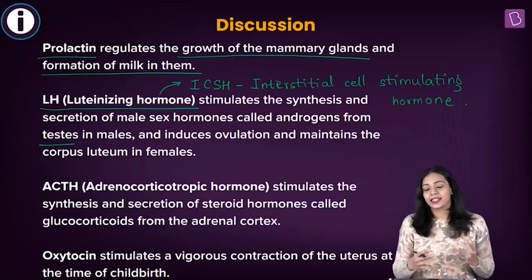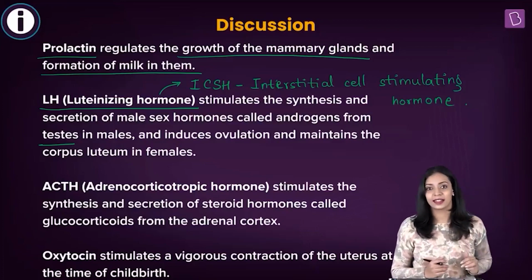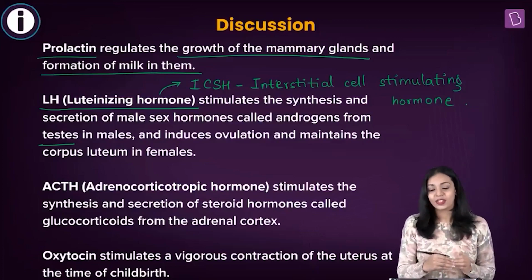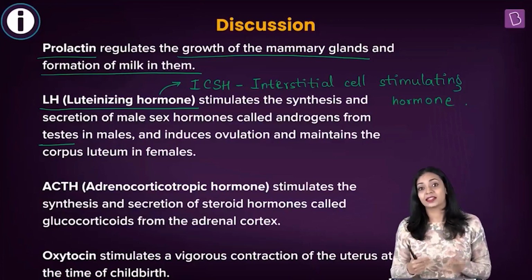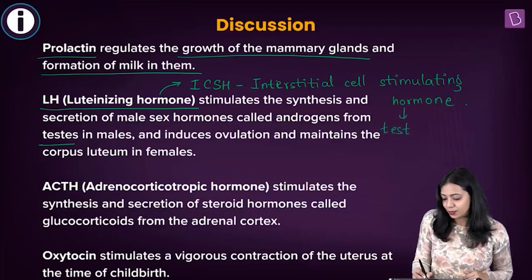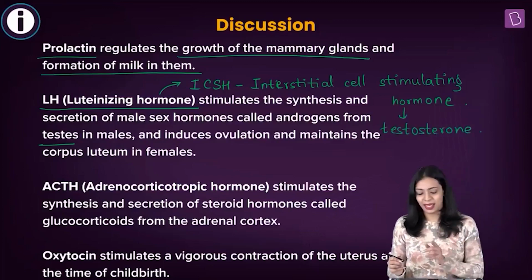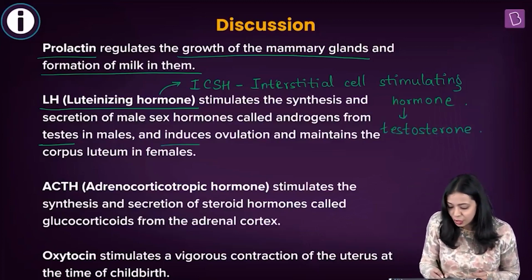Okay, so within the testes, you have cells known as interstitial cells that are also called Leydig cells. So, LH in males will act on these cells and stimulate those cells to produce androgens such as testosterone. Okay, so that is the function of LH in males, and in females, it induces ovulation.